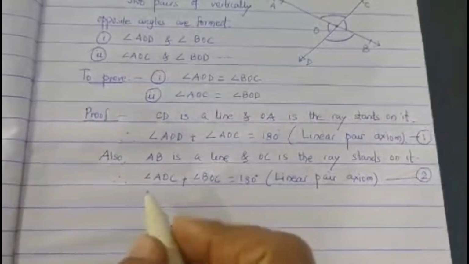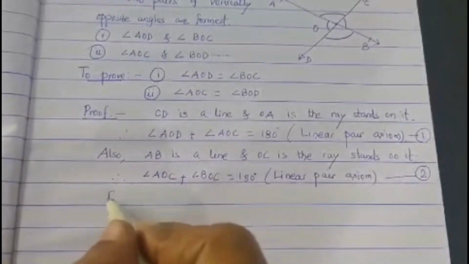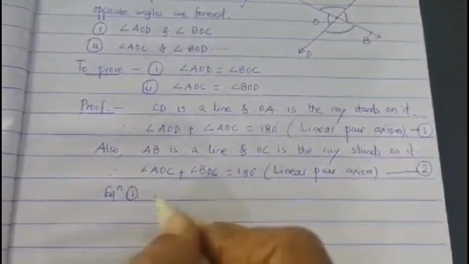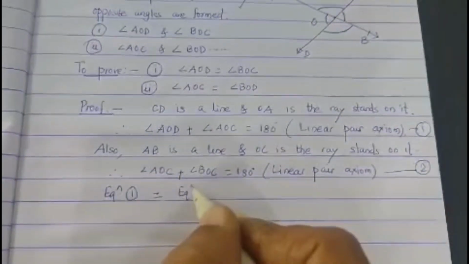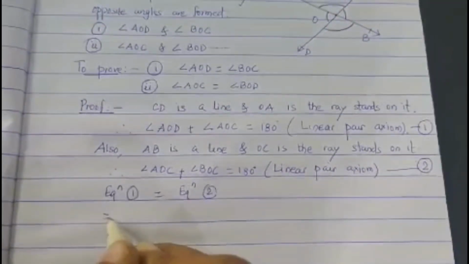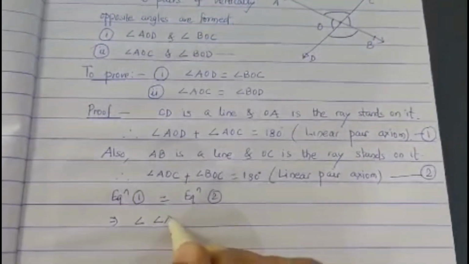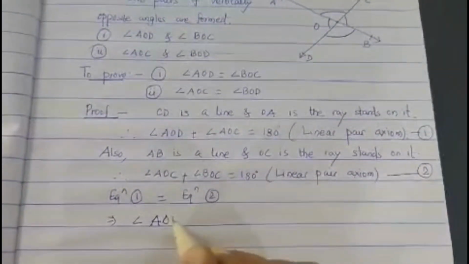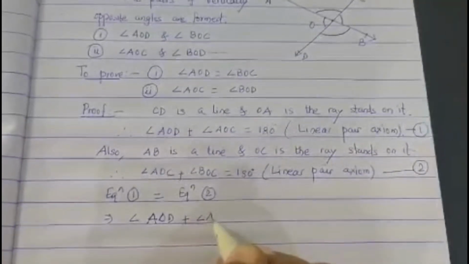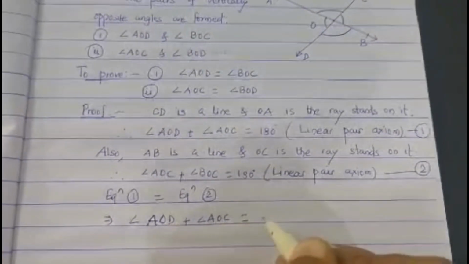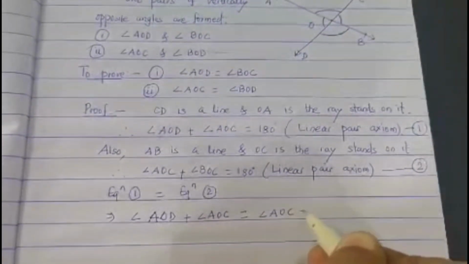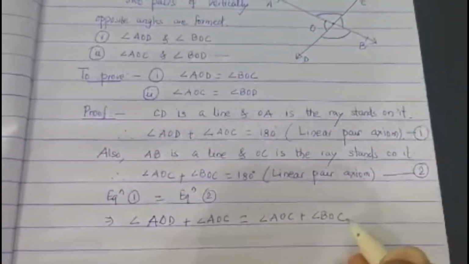So equation 1 is equal to equation 2. This implies angle AOD plus angle AOC is equal to angle AOC plus angle BOC.